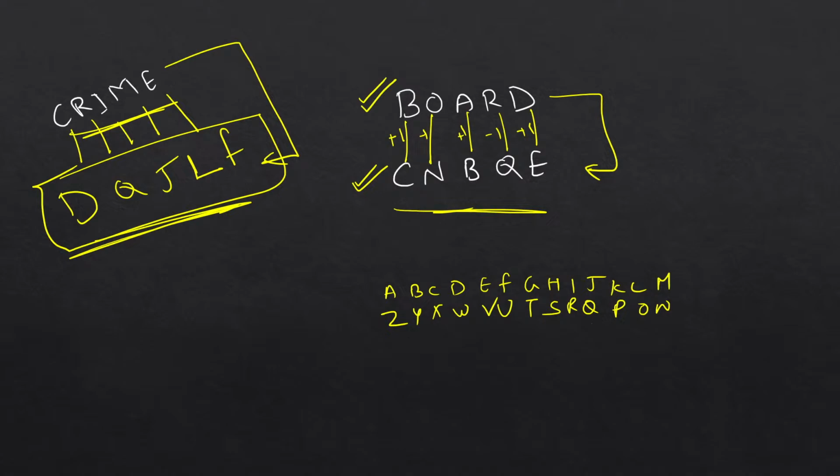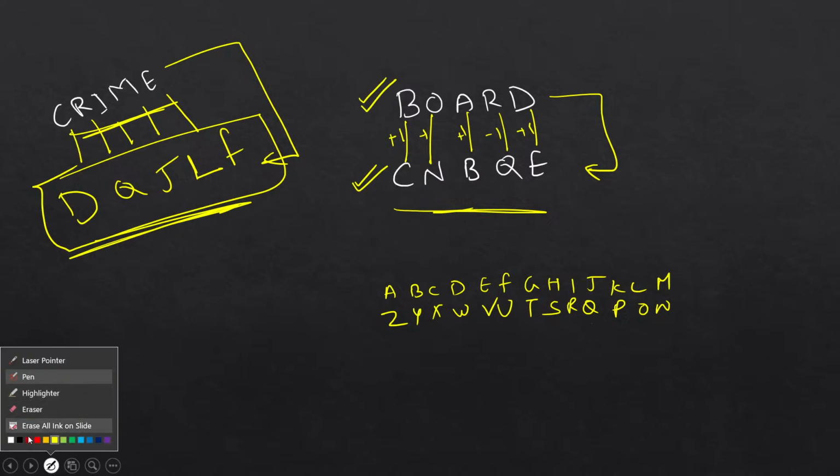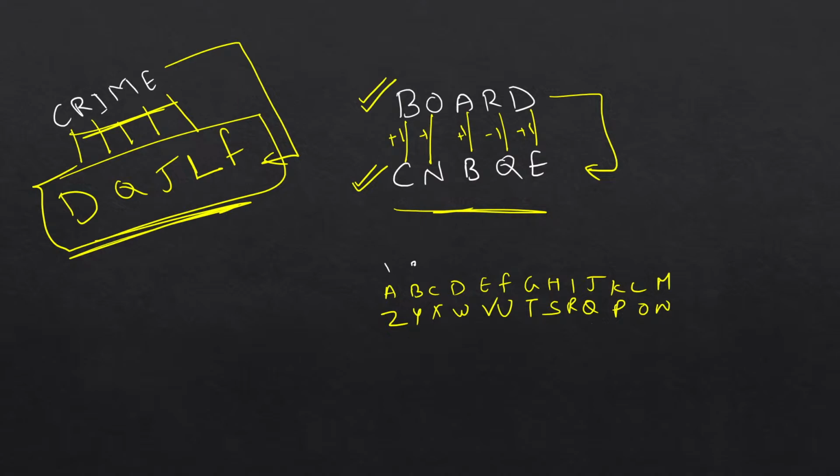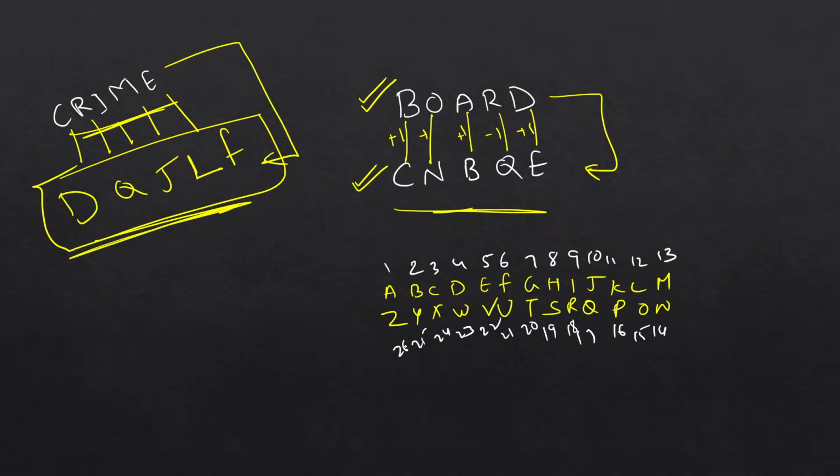I'm not going to erase the letters because we are going to use them later on. So I will write the respective positions also here. The reason I'm writing them is that you need to remember each and every letter with its respective position.